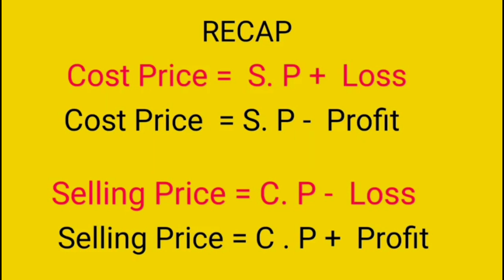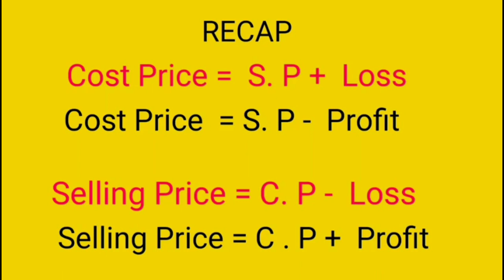It means when selling price and loss are given, we can find the cost price. To find the cost price, add loss to the selling price, SP plus loss. At the same time, when selling price and profit are given, we can find the cost price. To find the cost price, subtract profit from selling price, SP minus profit.